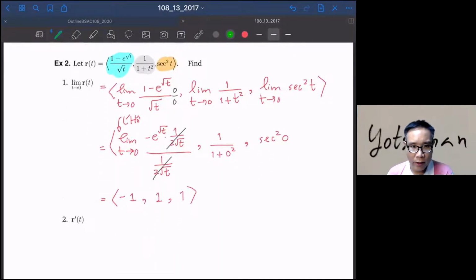The next one is r prime of t. You're just going to differentiate the blue one, the gray one, and the orange one, term by term. The first one needs the quotient rule: d/dt of 1 minus e to the square root t over square root t.